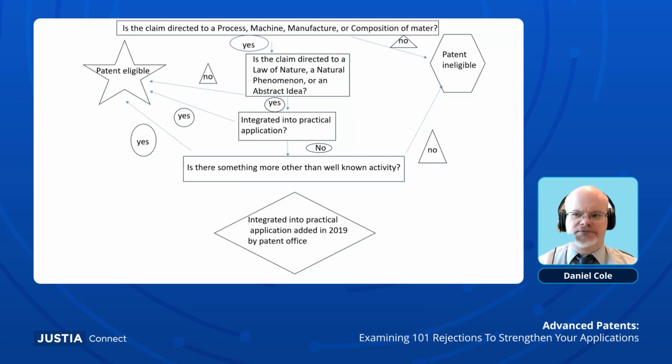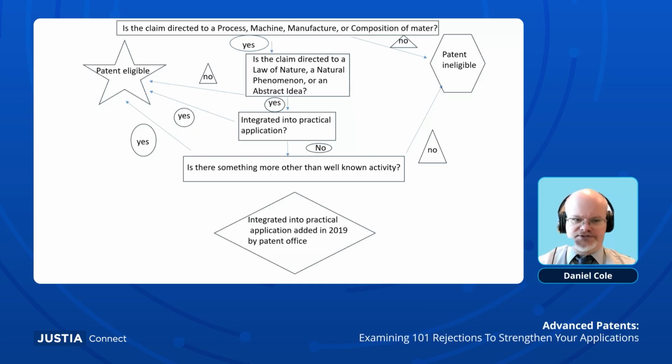So the first thing you're going to be looking at when you're doing this, as I'm sure most of you know, is you're going to be wondering, is this claim directed to a process, a machine, a manufacturer, or a composition of matter? Now, most things are, but there are some things that are not. And there have been some cases where things were found patent ineligible because they are not a process, machine, a manufacturer, or a composition of matter.